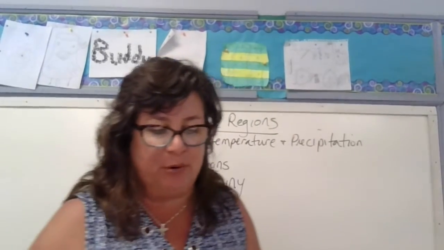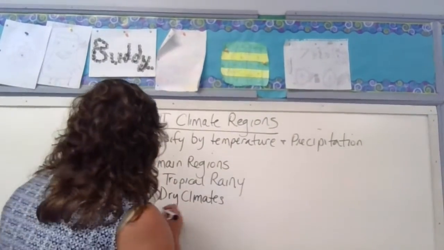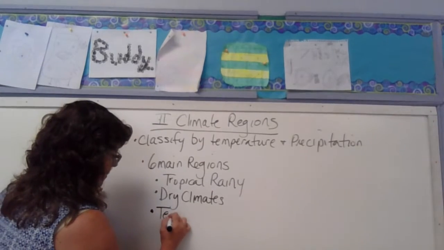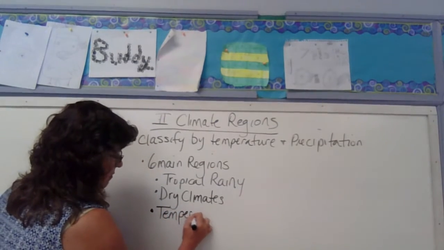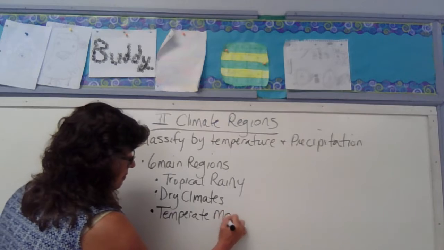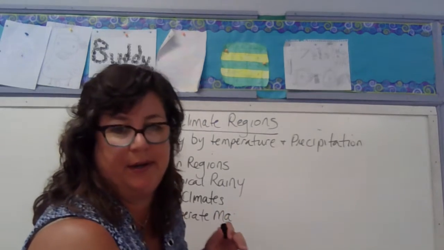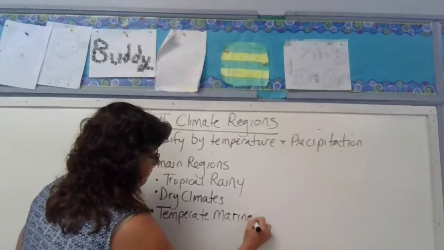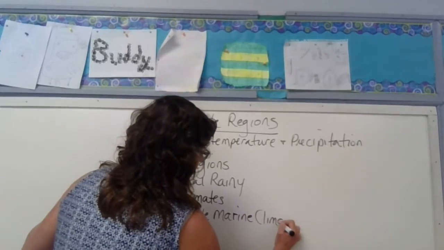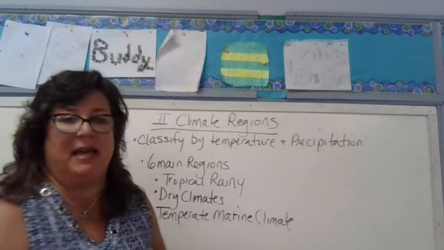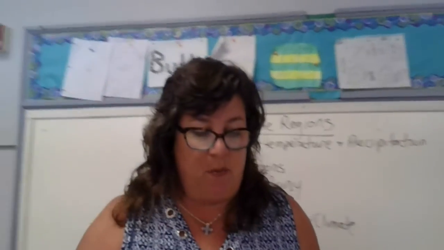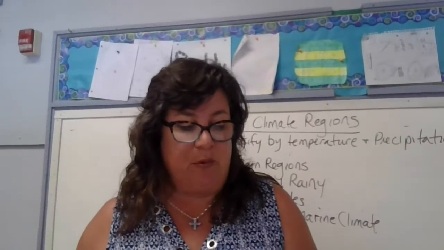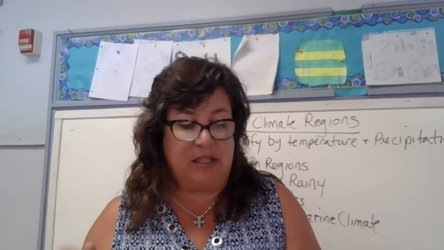Then we had the temperate marine climates. Okay, in this one, basically what we've got, there are three kinds of temperate marine climates: marine west coast, humid subtropical, and Mediterranean.